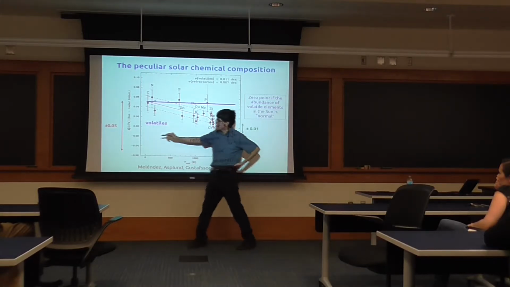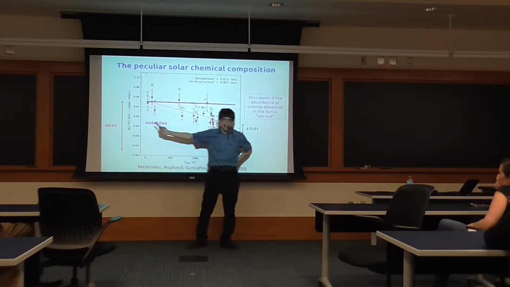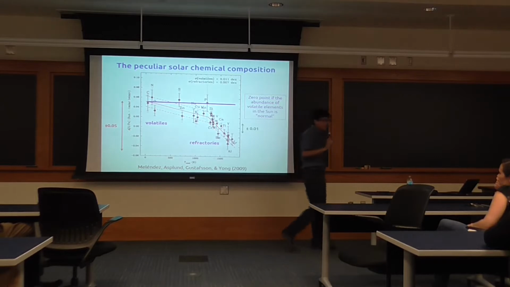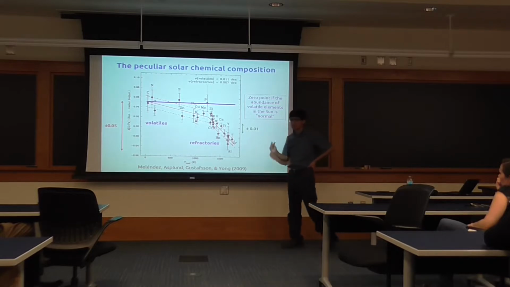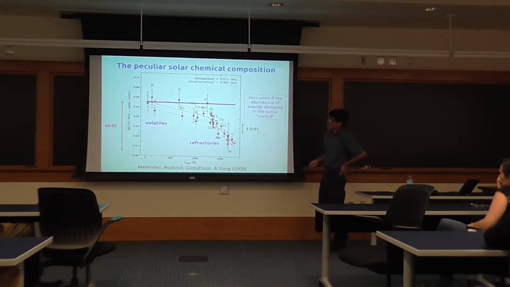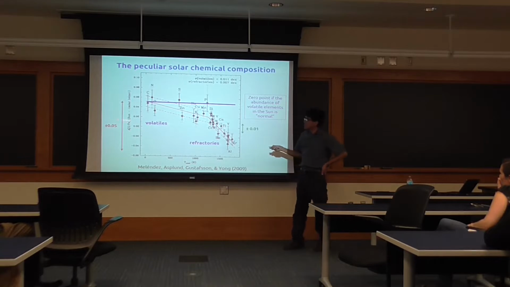This plot here is showing us abundances of elements relative to iron. We use iron because iron has a large number of lines, so we can get the most precise abundance for iron. But it doesn't have to be iron. It could be any other element as a reference. It doesn't have to be Fe.